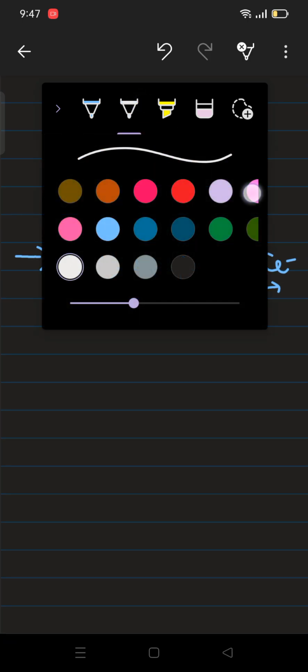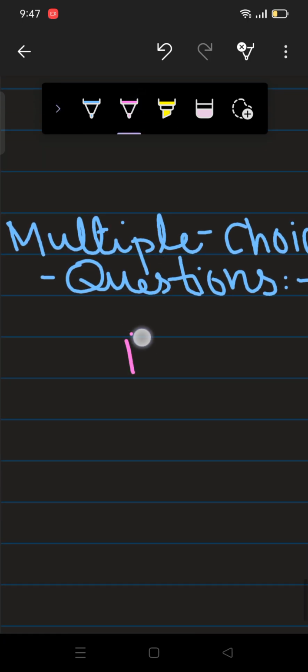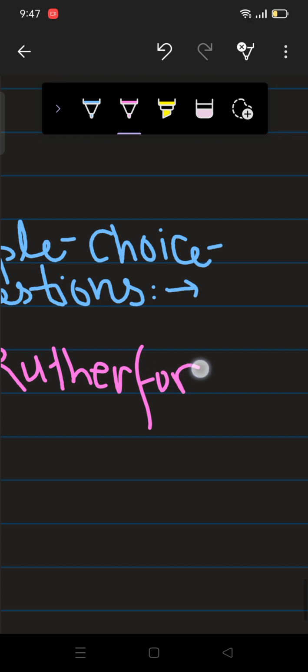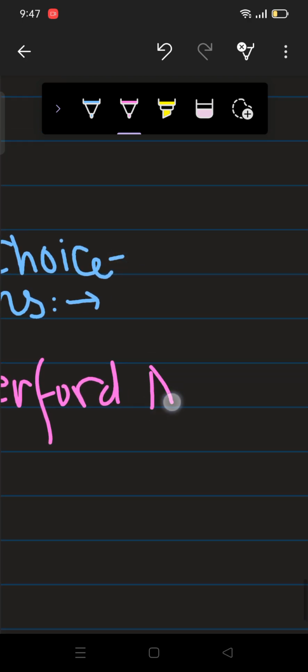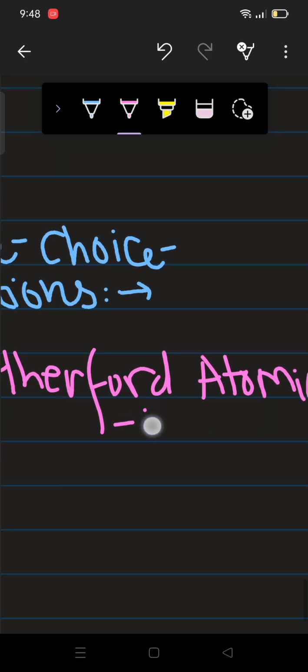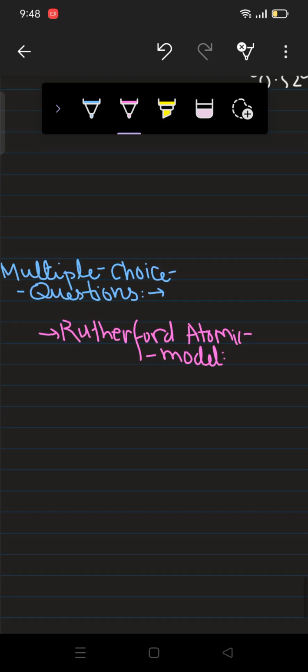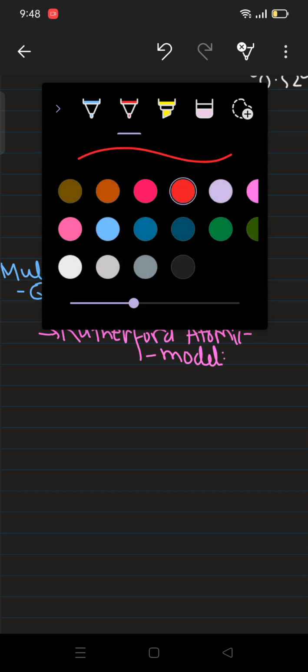Let me write this here. Rutherford atomic model. Why did it fail?